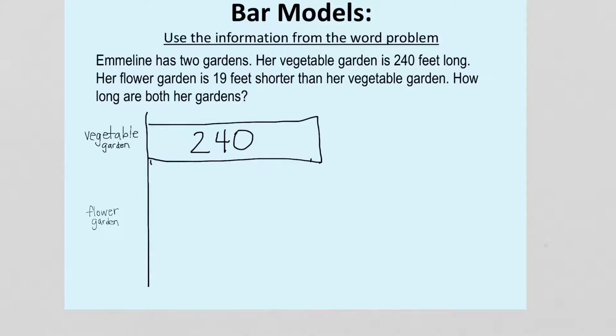Is her flower garden longer than her vegetable garden, or is it shorter than the vegetable garden? You can look back in the problem and then say it out loud. You're right, it is shorter. So I'm going to start at my starting line, and I'm just going to make the bar shorter because we know her flower garden is shorter.